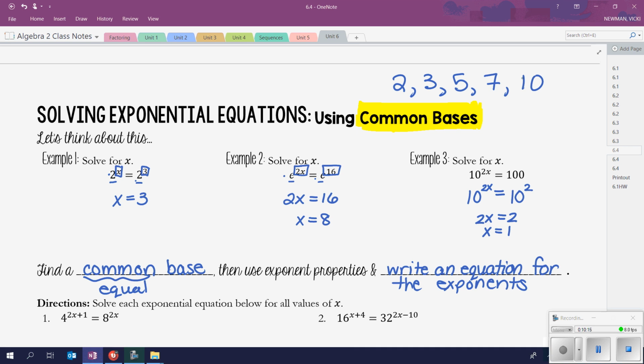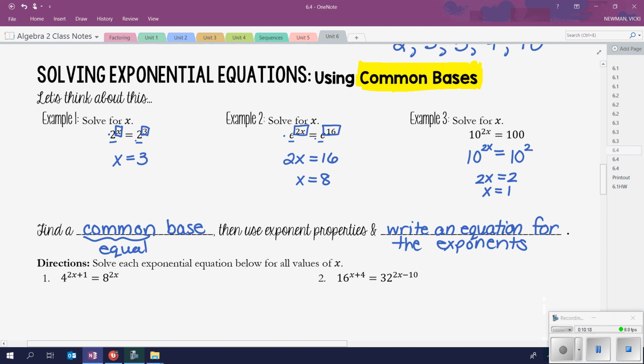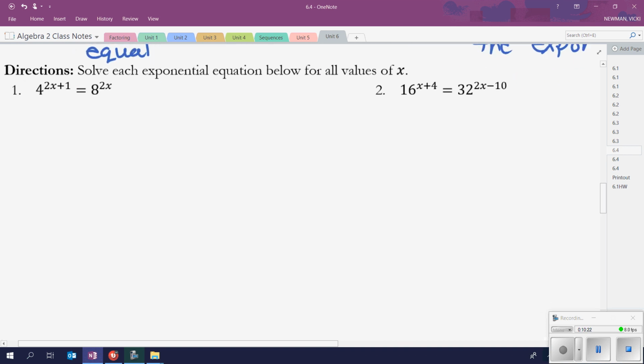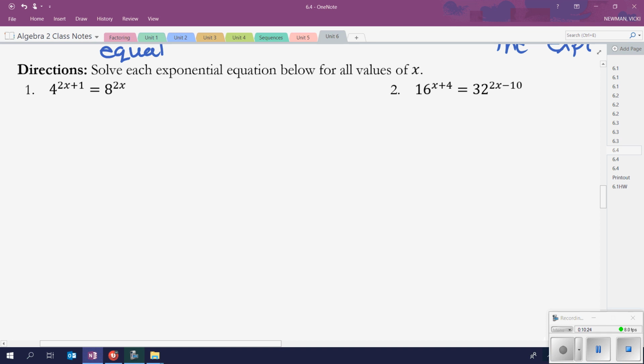All right. Cool. So, I'm saying this because I am a crazy person. Yes, because I don't want to see you make a mistake. So, solve each exponential equation below for all values of x. When I see 4 and 8, I do not think 4 as a common base. I know that 2 squared is 4, and I know that 2 cubed is 8. Yes?